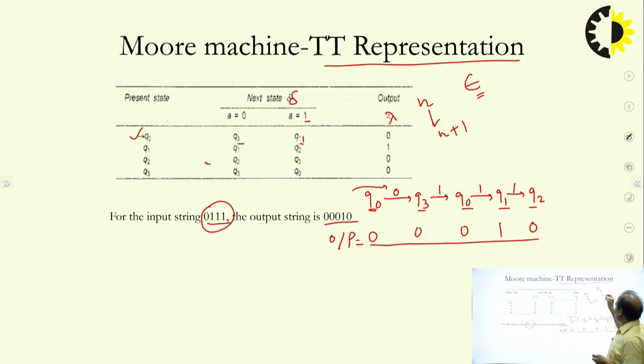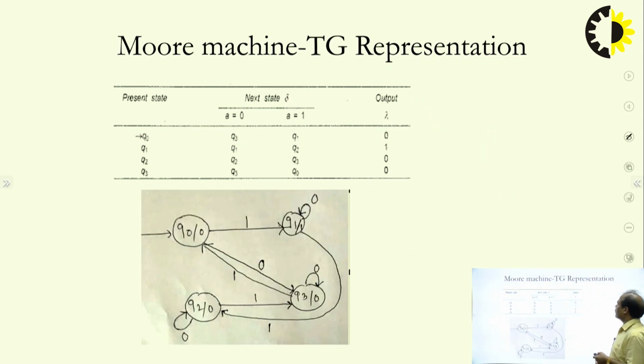Because if you are not inputting anything, Q0 epsilon, we are still at Q0. So, whatever output is associated with Q0 is the output of this input epsilon. So these are 2 notes. For input string of length n, output is of n plus 1 length. Epsilon, the empty string, can also be accepted by the Moore machine.